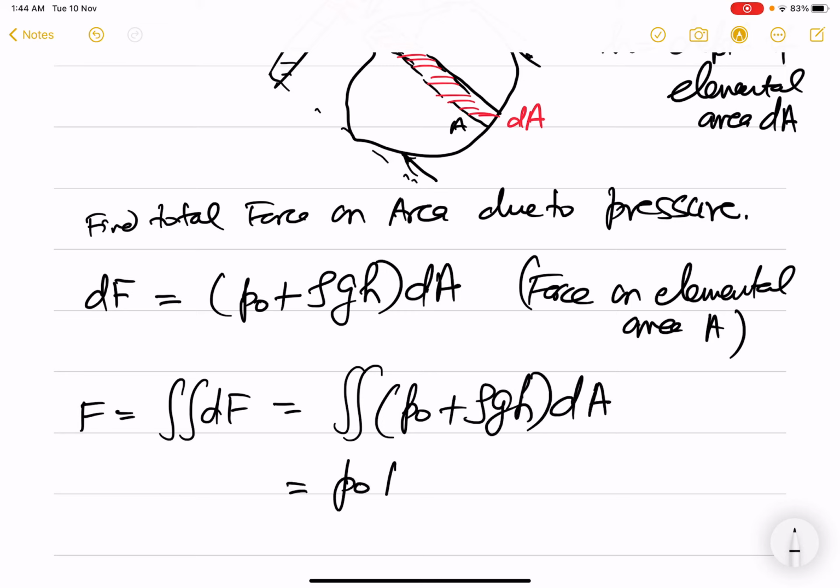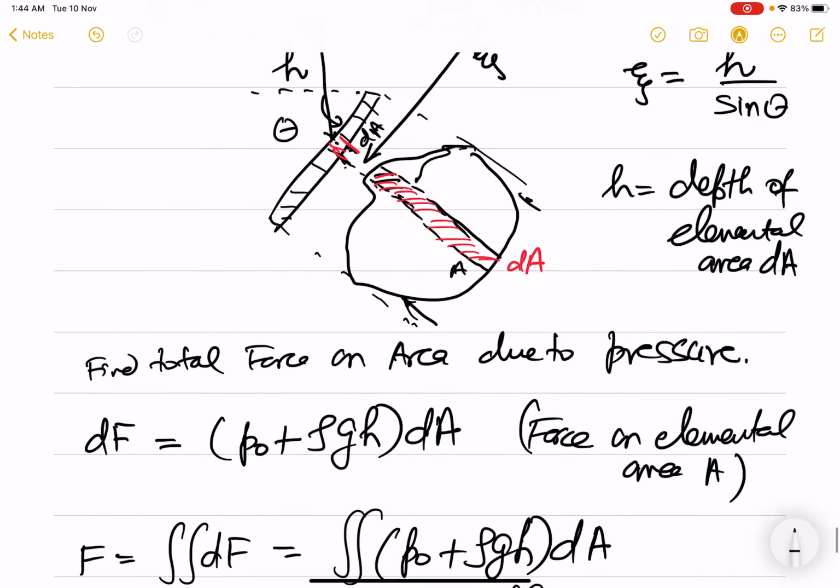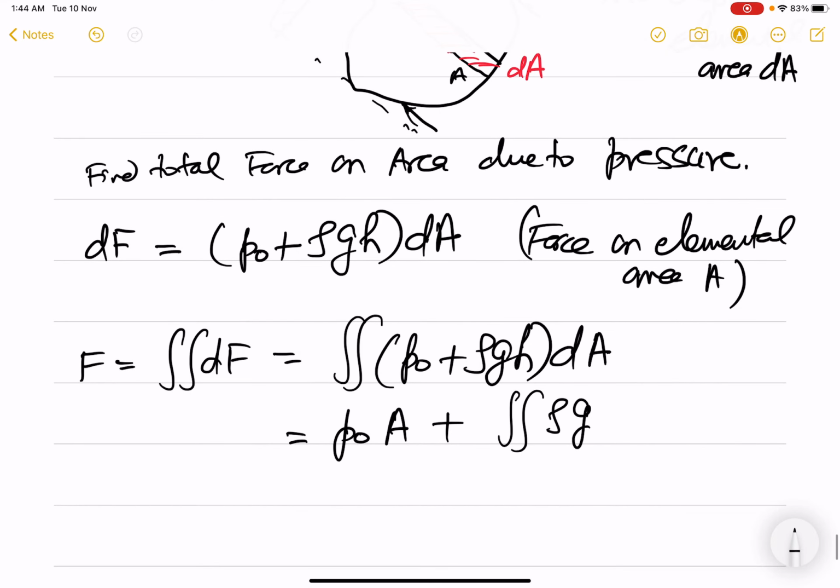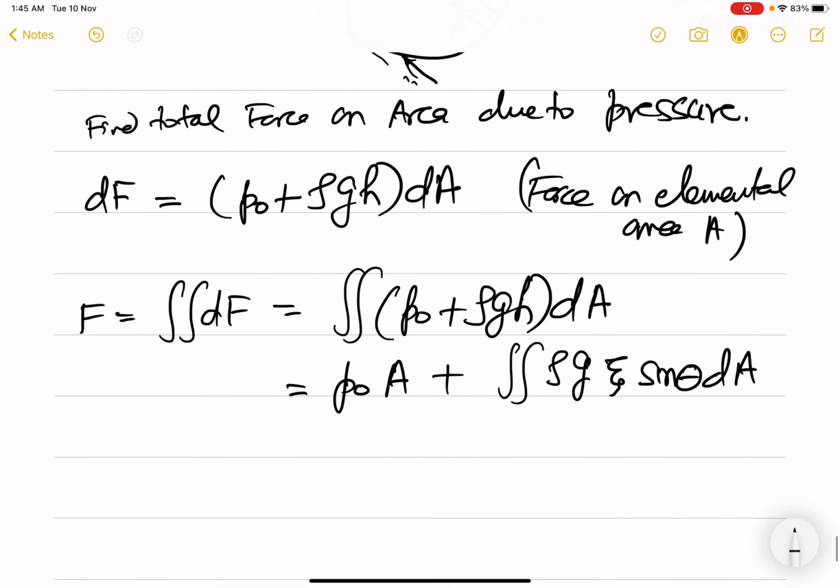So this will be equal to P0 times A plus the integral of rho g times h, where h we know is equal to zeta sine theta dA, and this we can write as plus rho g sine theta times the integral of zeta dA.